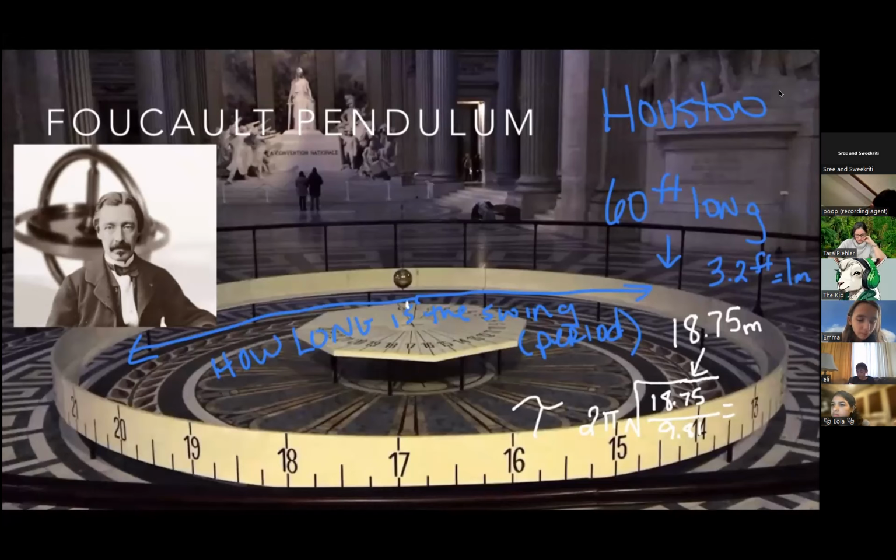Okay. Well, we converted feet to meters, because our acceleration due to gravity is in meters per second squared. So all we did is we said 60 feet, there are 3.2 feet per meter.